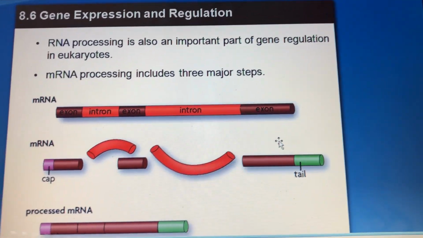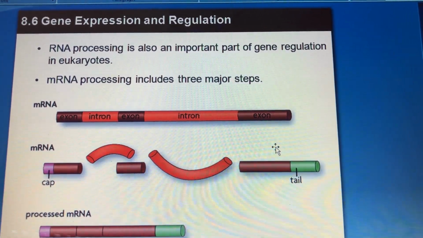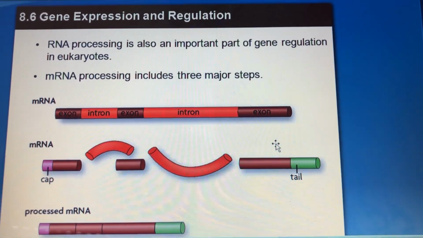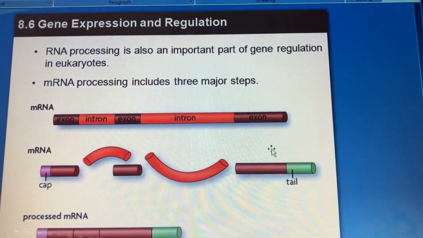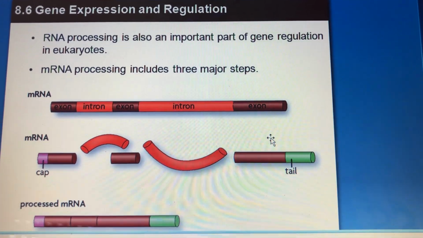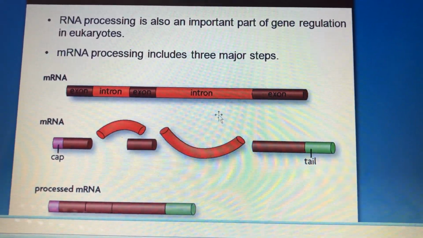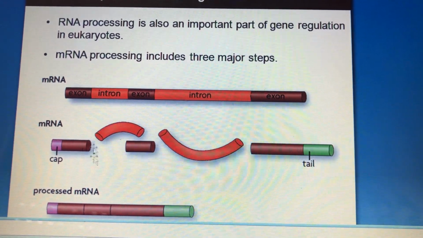Now, after transcription, the RNA should go through processing, which is an important part of gene regulation in eukaryotes. Processing includes three major steps. First, the introns of the mRNA will be removed.